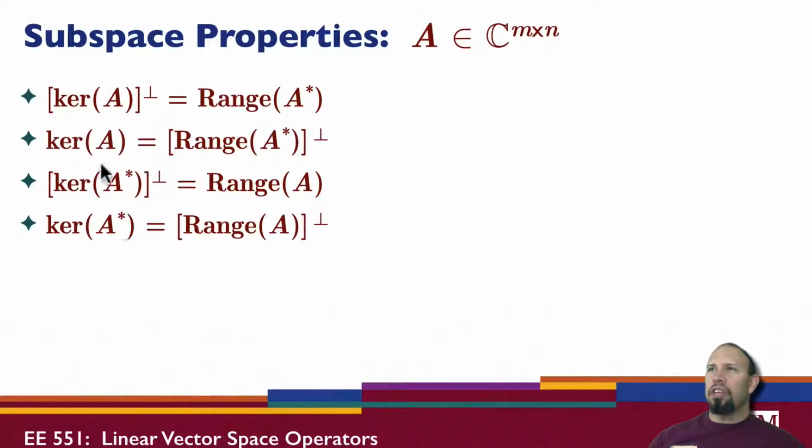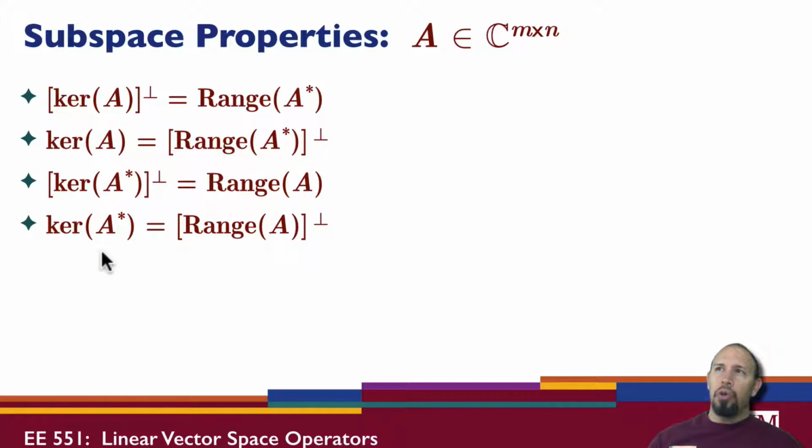Based on those definitions, we have these properties that can be proven. The perpendicular complement of the kernel of A is equal to the range of A adjoint. These are deep properties, that the kernel of A perp space is the range of A adjoint.